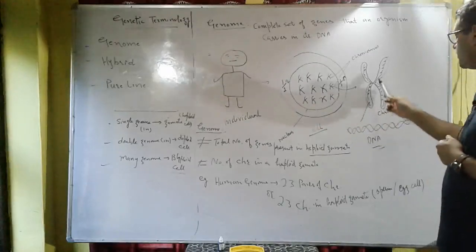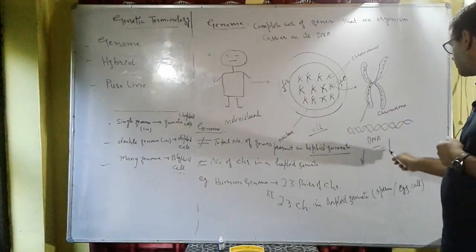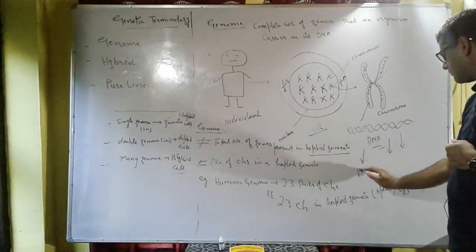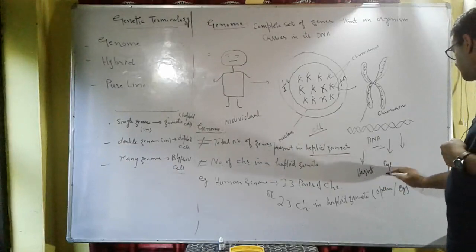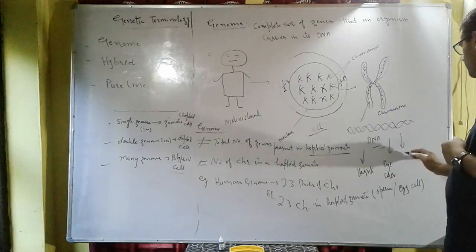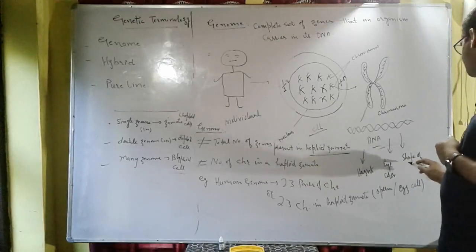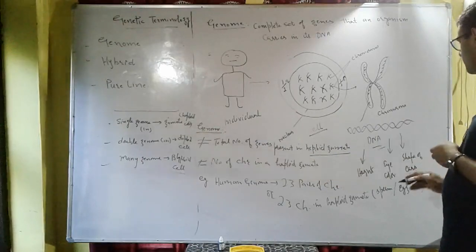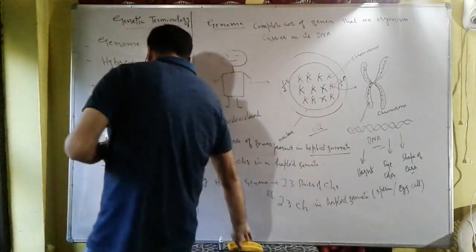This chromosome is made up of DNA, and this DNA then controls the different characters. For example, it controls the height, the eye color, the shape of ears. So this is what is called as genome.